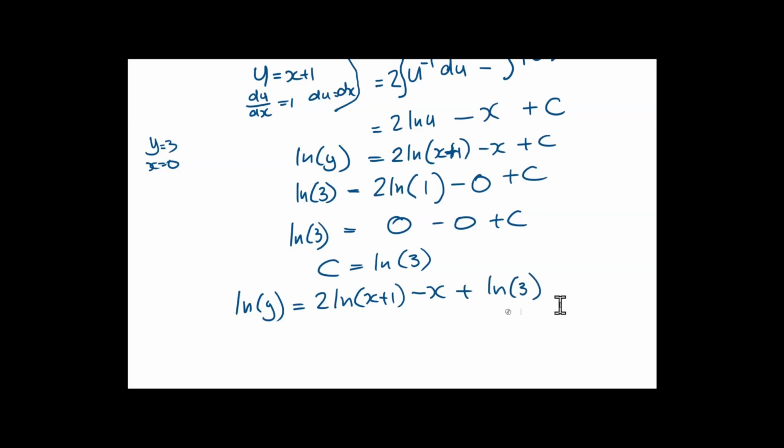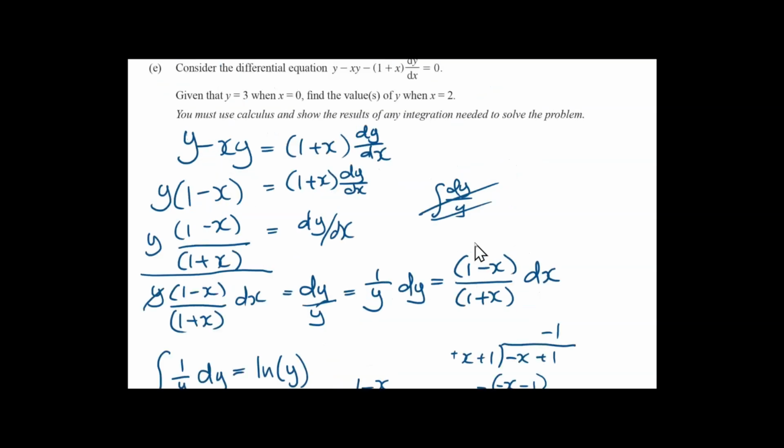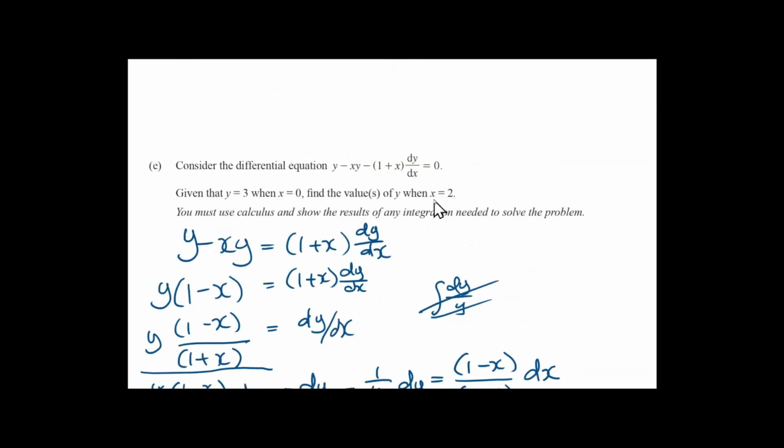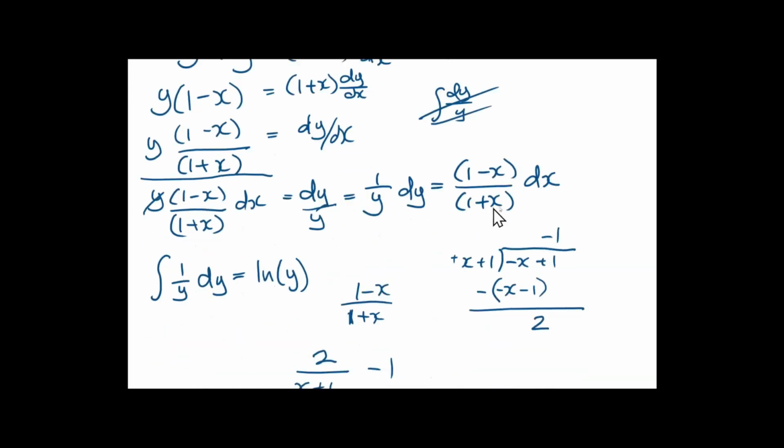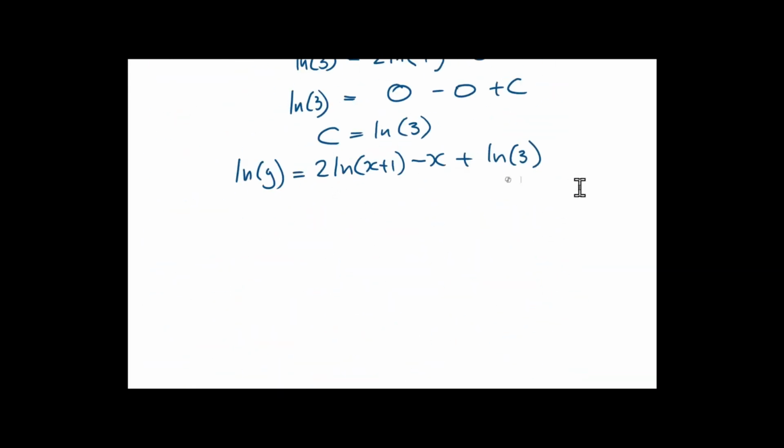But we're not done. Don't wait, there's more. We want to find y when x equals 2. This is where I got confused. So natural log of y, let's work out all of this right-hand side: 2 natural log of 3, minus 2, plus the natural log of 3.